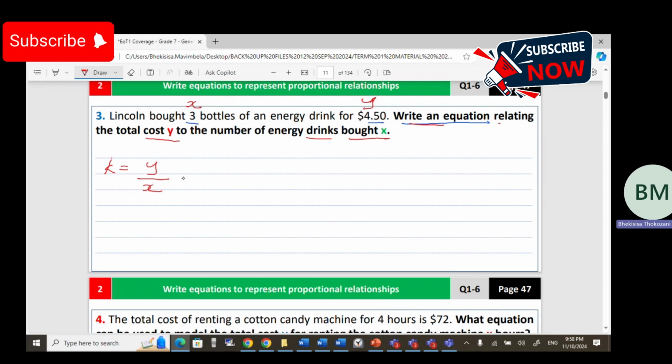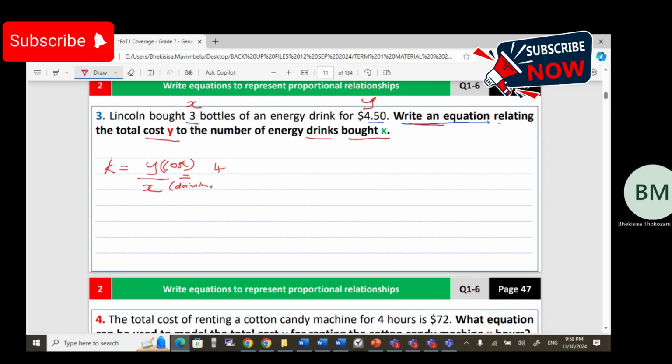So I can say here that Y is equal to 4. Remember, they said Y. Let me just say so that you remember, Y was your cost, and these are your drinks.